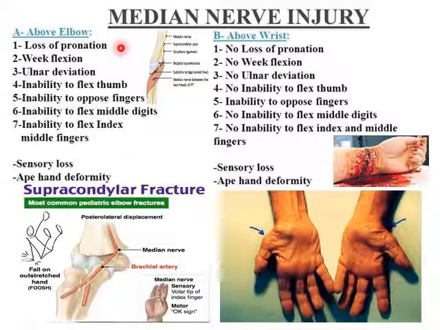So there is loss of pronation, there is weak flexion because the flexor carpi ulnaris and the ulnar half of the flexor digitorum profundus are unaffected.